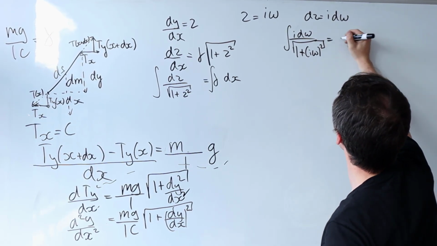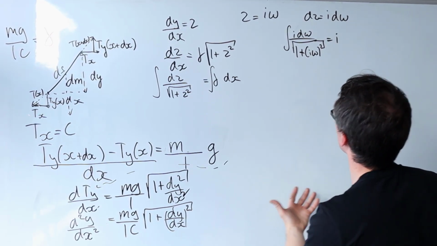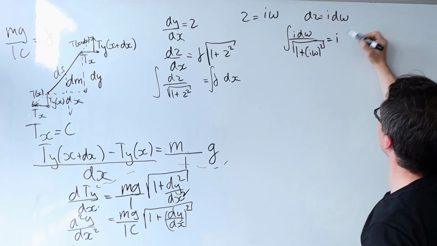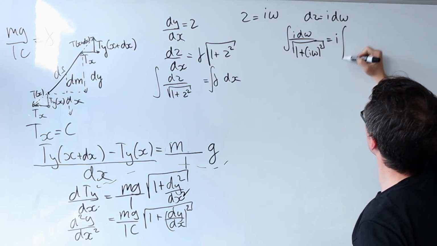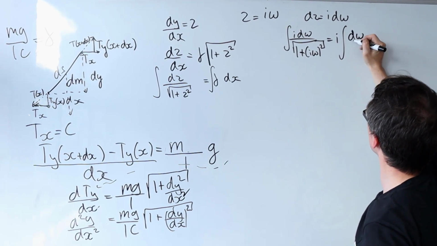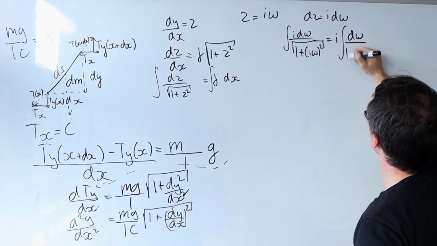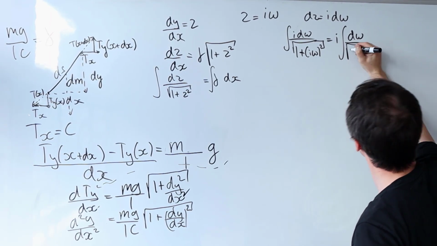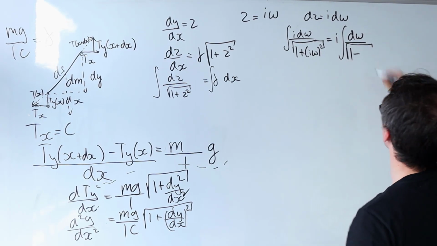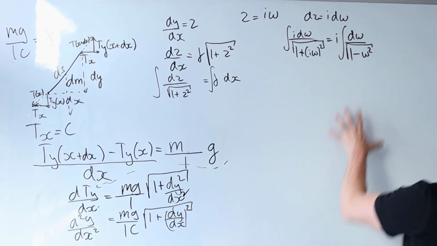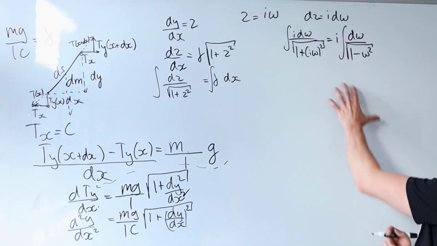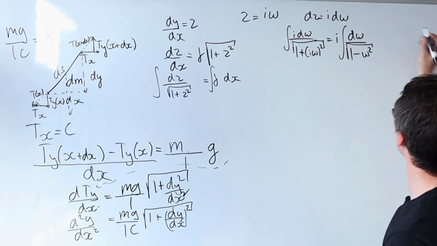This turns it into the integral that we want, because this is actually the integral of dw divided by the square root of 1 take away w squared. And now we're ready to apply our trigonometric trick.